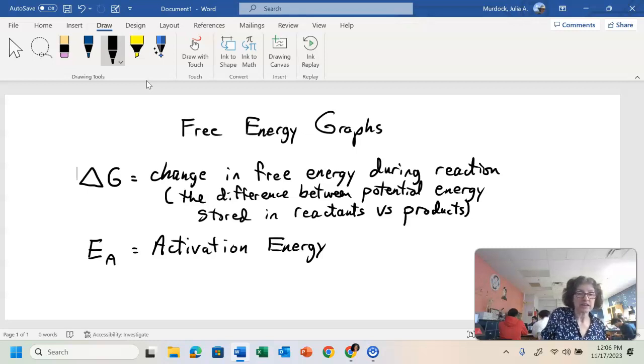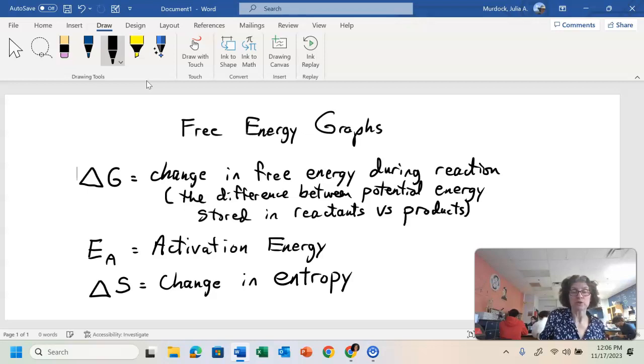And then finally, the last thing that you'll be asked to recognize in terms of the graphs is something called delta S. And that's the change in entropy. Entropy, which is that fun word we learned about last time, is literally a measure of the disorder.